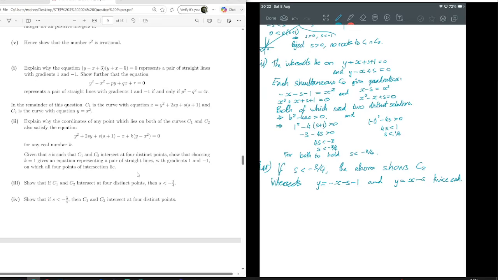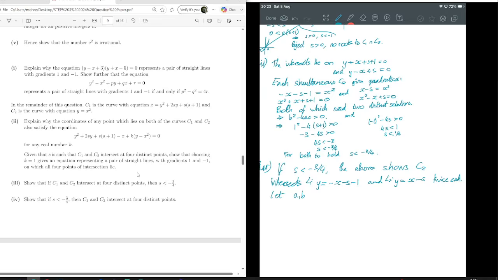But I also need those same points of intersection to work in C1. Now, I could name those points of intersection and show that they do indeed lie on C1. So let me call this L1 and this L2.